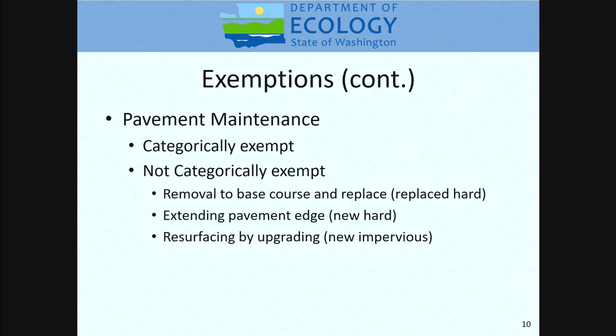But if you're upgrading the ability of water to flow across it, essentially, the ability to get water off it faster and to get more off, that's called new impervious surface or new hard surface. So you need to deal with those if you exceed the thresholds.